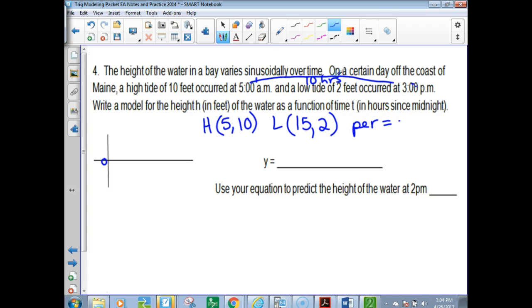Guys, max to min is only half the cycle. All right, I see the confusion here.